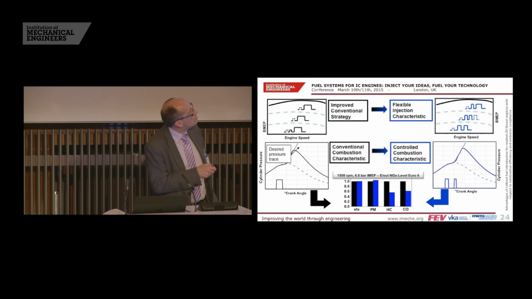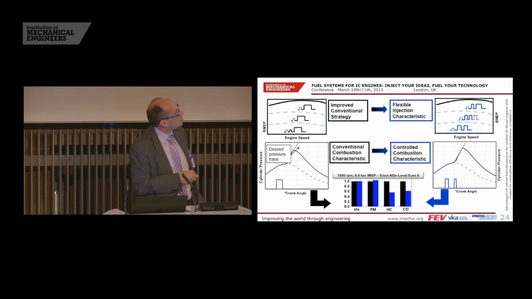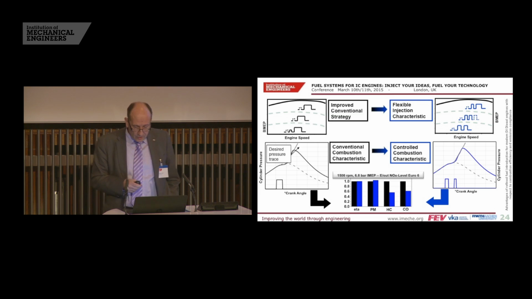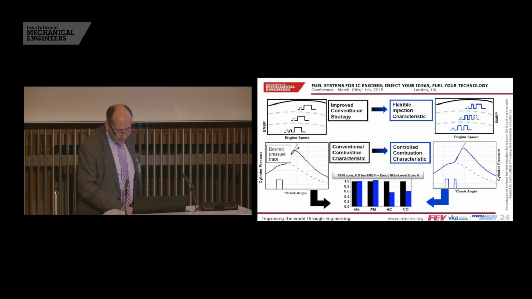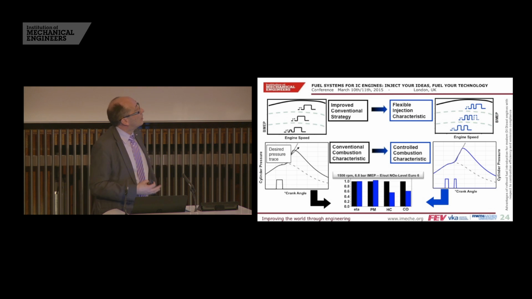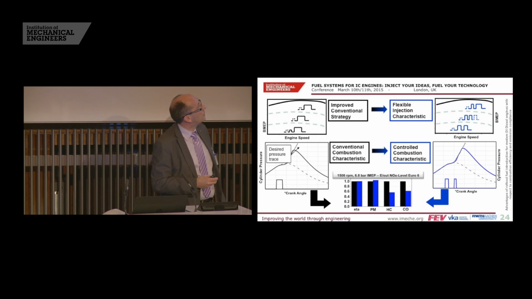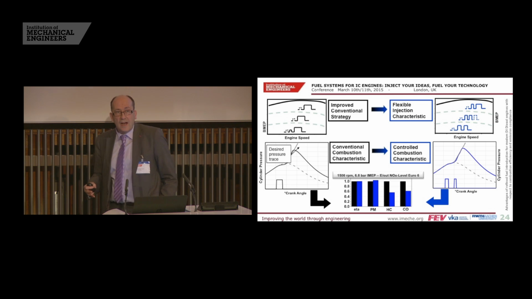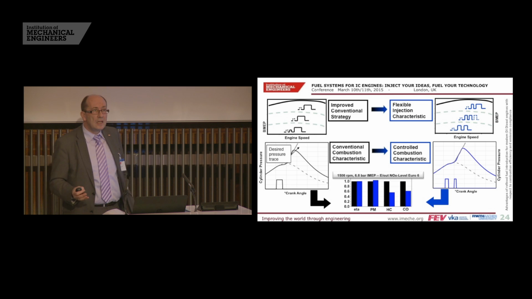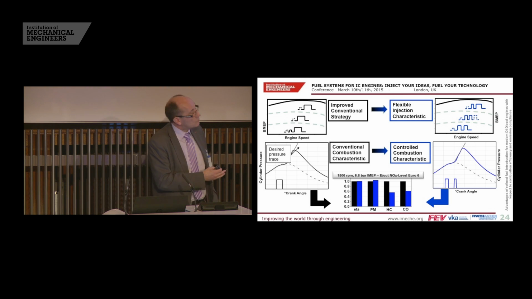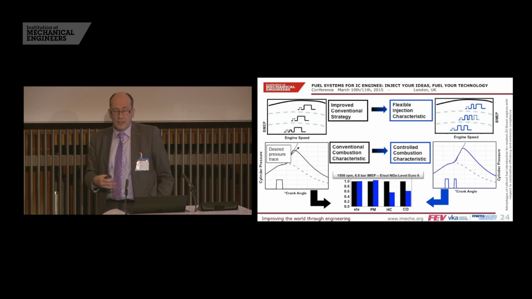Our vision, our future is to have a more flexible injection characteristic, to be able to design exactly the combustion pressure trace according to what is wanted. It can be separated. You can have the same operating point in a heavy acceleration in the second or third gear, but you can even have it under high-speed operation in the fifth or sixth gear. The boundaries are totally different. For one case, you might need a somewhat more stringent acoustic limitation.